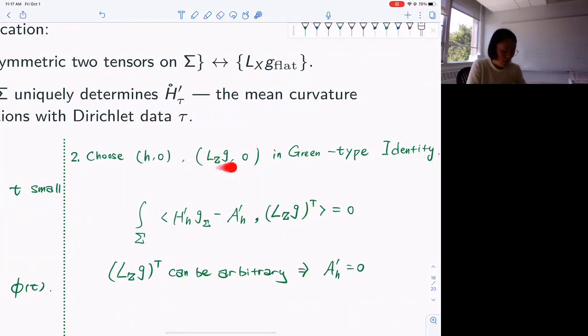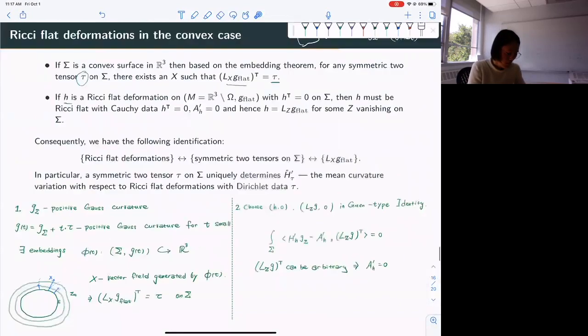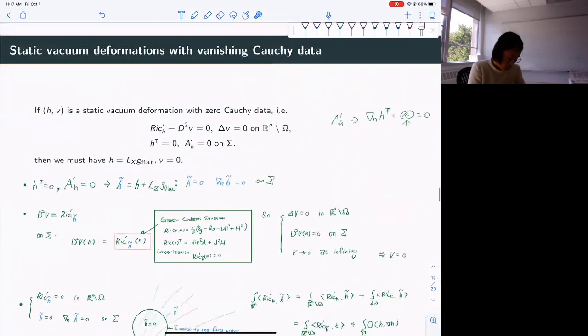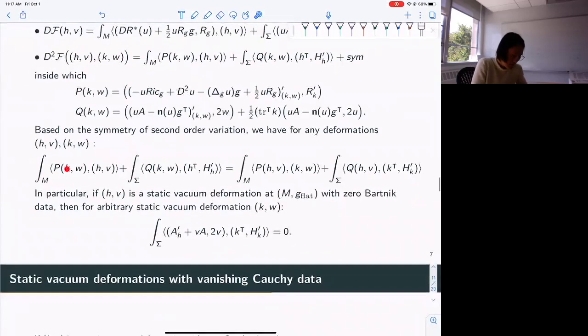And we choose an arbitrary kernel element, an arbitrary deformation generated by a diffeomorphism, which is also a static vacuum deformation. For those two, we plug them into the Green-type identity. This term will be 0, this will be 0, and since h has zero Dirichlet data, this term is 0. However, we don't know this term, so we keep it there.